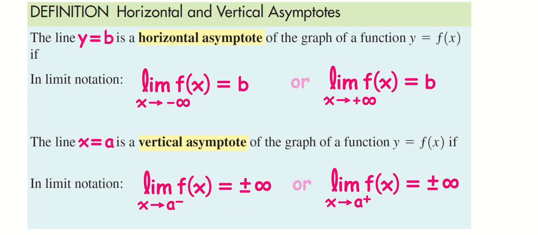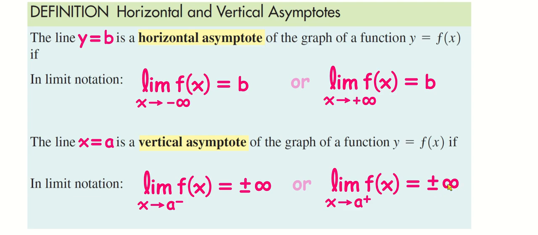We have a vertical asymptote if as x approaches that vertical line, that x value, from the left, that's what this negative superscript here means, or from the right, the function, the y values, are approaching positive infinity or negative infinity.